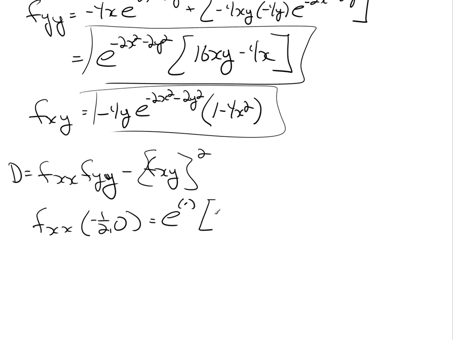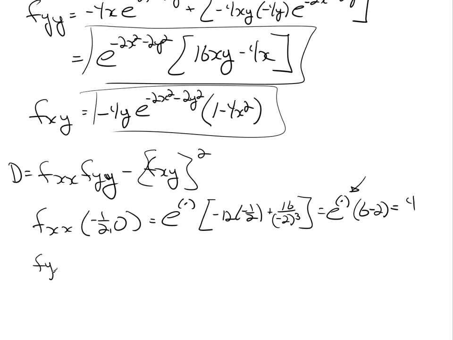And that's going to be negative 12 times negative 1/2 plus 16 over negative 2 cubed, which equals e to the, well, something, don't really care. Like I said, that's always going to be positive. That's going to be 6 minus 2, which is 4 multiplied by whatever this is. So it's greater than 0. So I have something greater than 0 there.